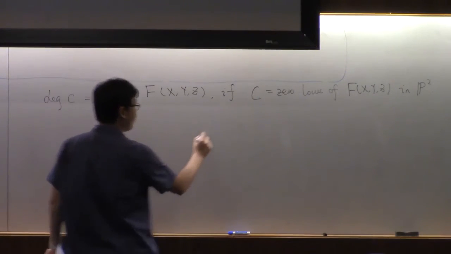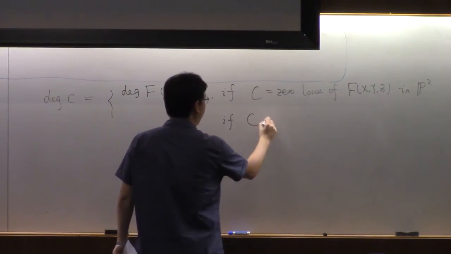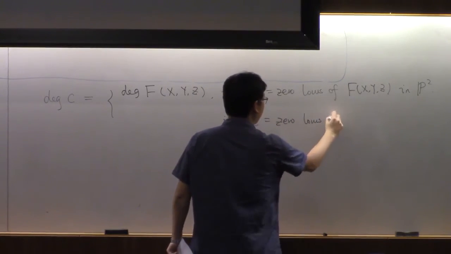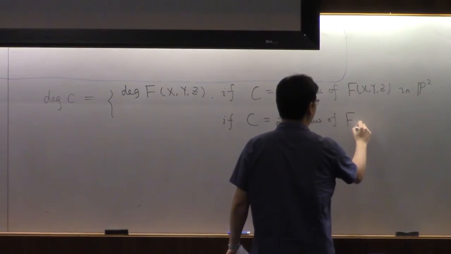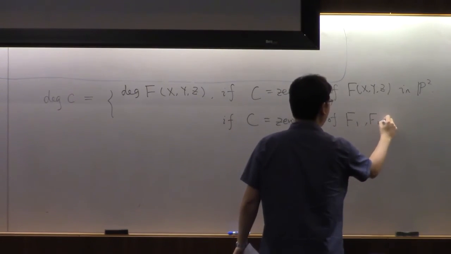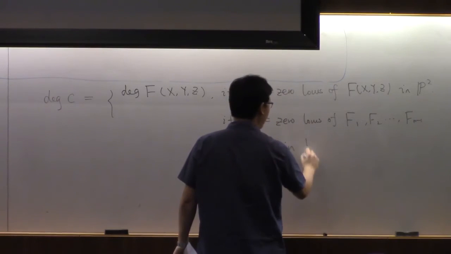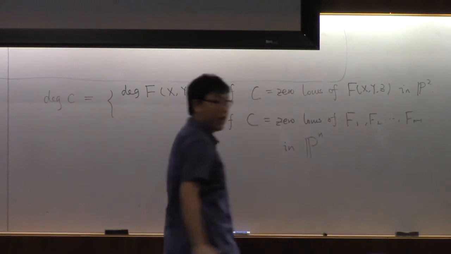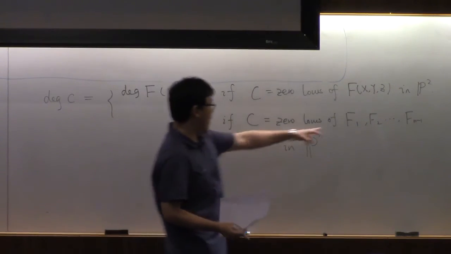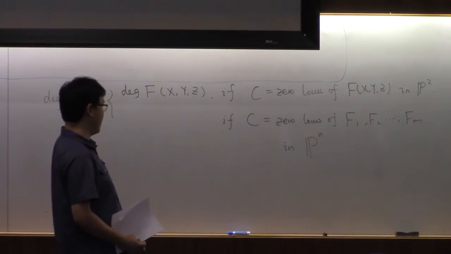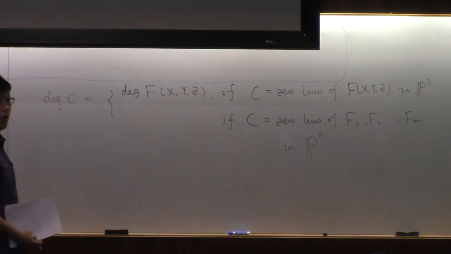In general, if this C is the zero locus of, say, for example, f1, f2 to f_{n-1} in P^n, in the projective n space, here these f1, f2, f_{n-1} are homogeneous equations of n+1 variables.